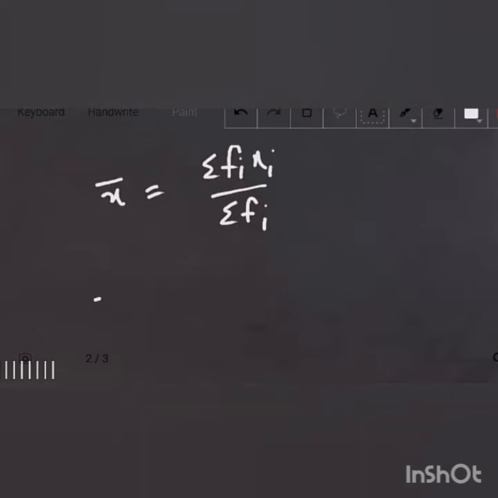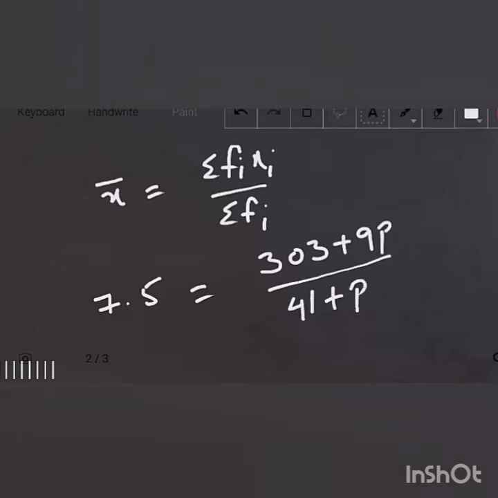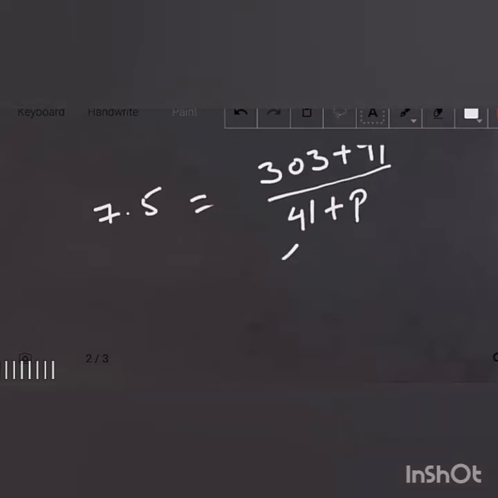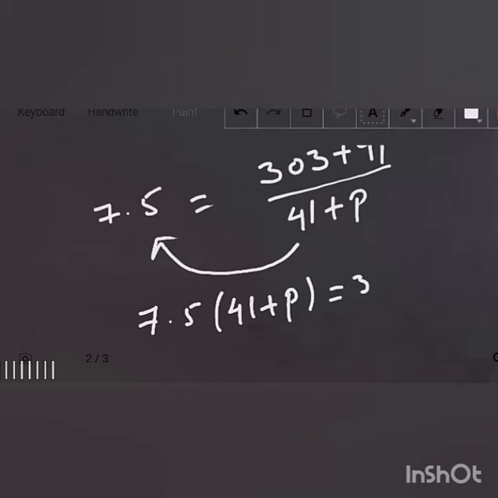So 7.5 equals (303 plus 9P) by (41 plus P). Taking 41 plus P to the other side, we get 7.5 into (41 plus P) equals 303 plus 9P.